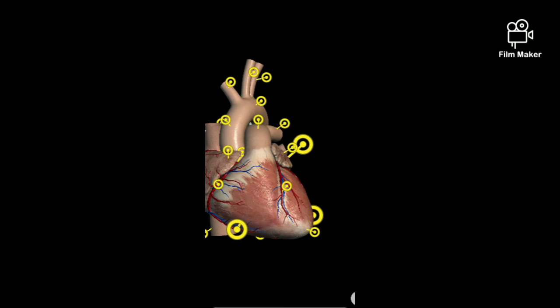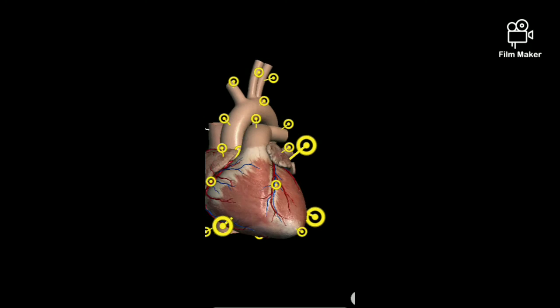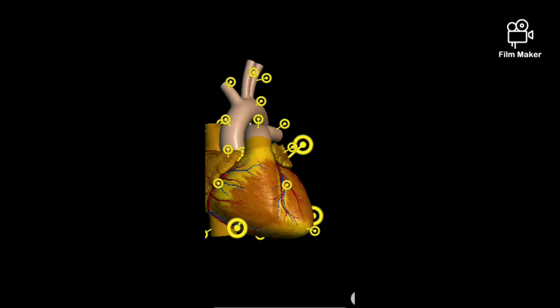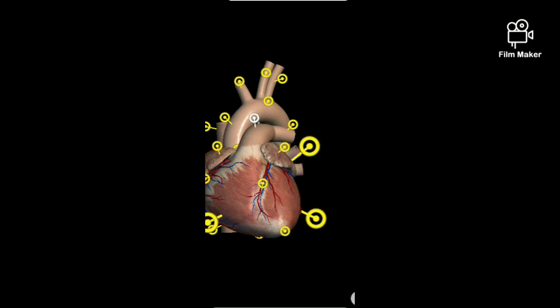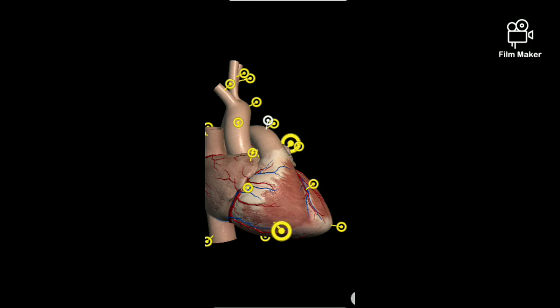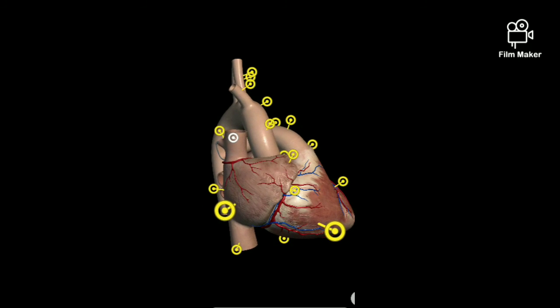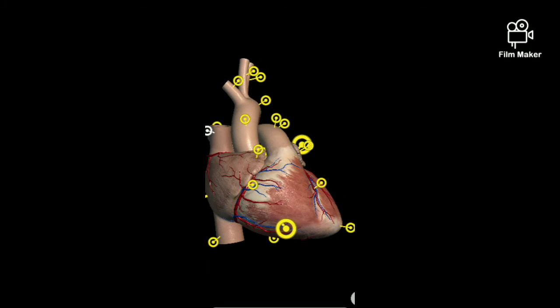It forms from the merging of the brachiocephalic veins, traveling inferiorly through the thoracic region, as the superior vena cava descends on the right side of the superior mediastinum.